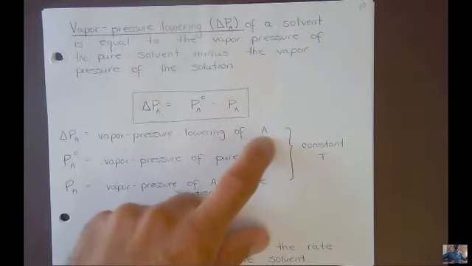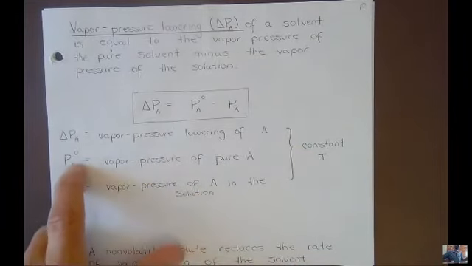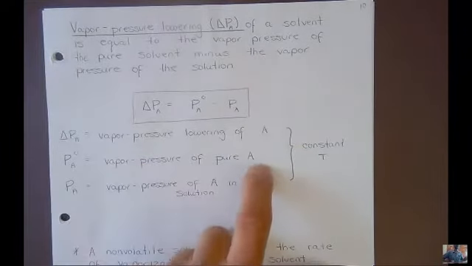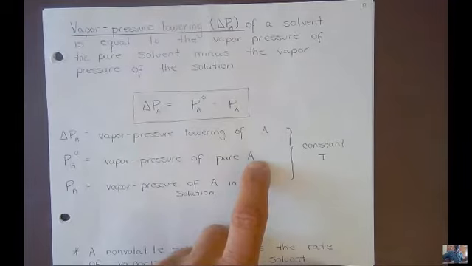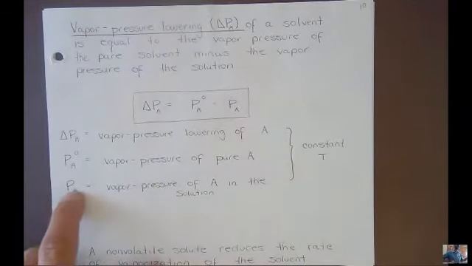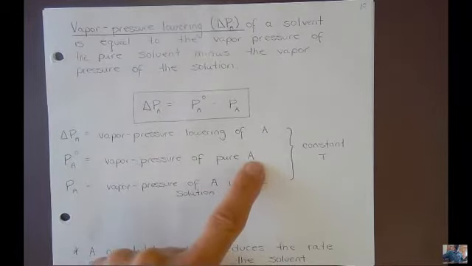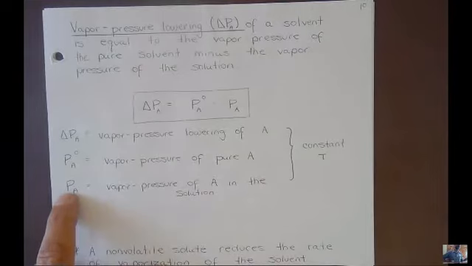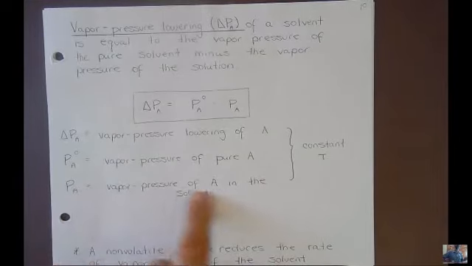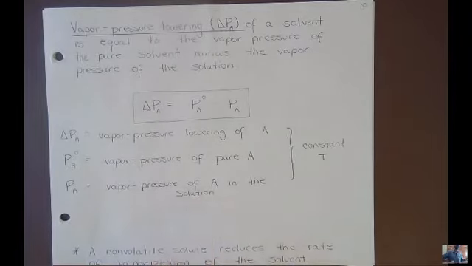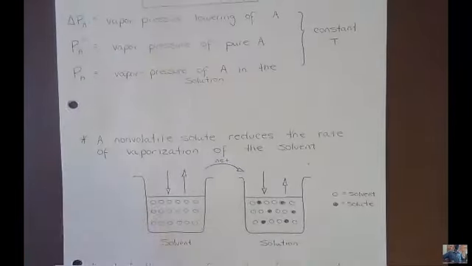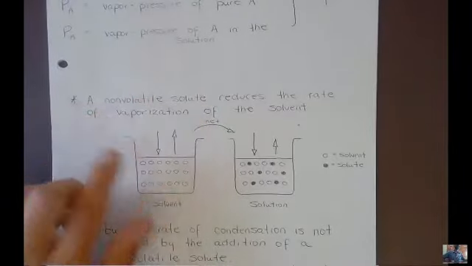The vapor pressure lowering of water is equal to the vapor pressure of pure water at a certain temperature and external pressure, minus PA, the vapor pressure of water after you've added the junk to it, so in the solution. Let me go over this first, then we'll do a practice question.